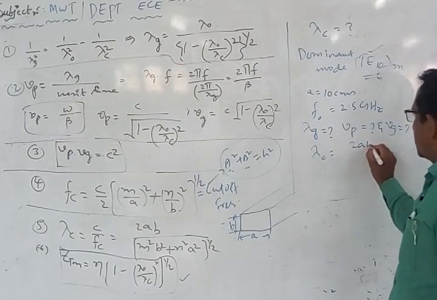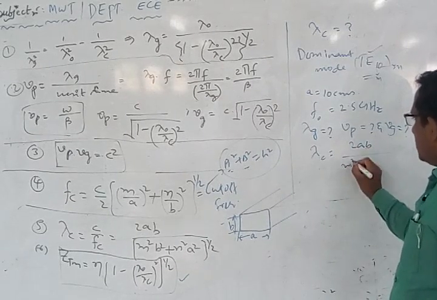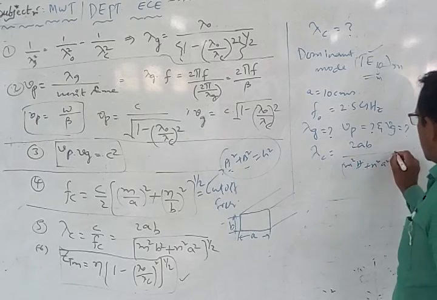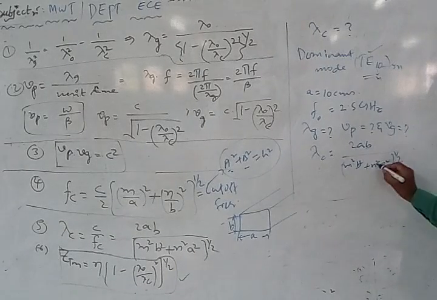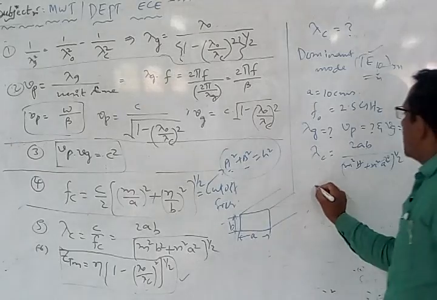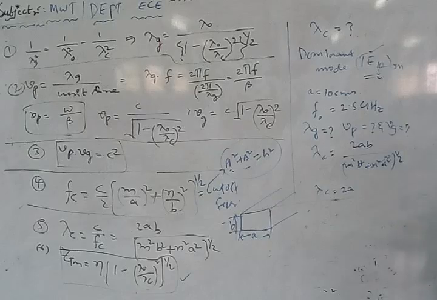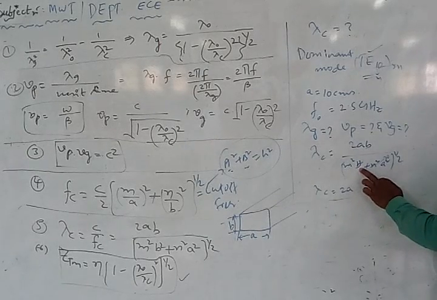So the equation is lambda c is equal to 2ab by under root of m square b square plus n square a square. Now n is equal to 0, so that parameter will simply vanish. So lambda c becomes 2a. Here I get m square b square, and since m is equal to 1, I get b square under root.